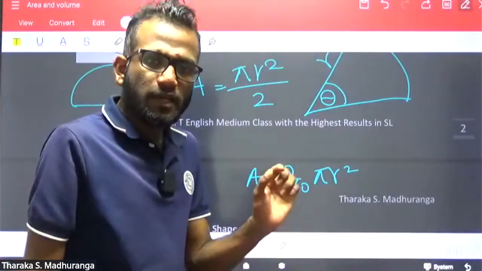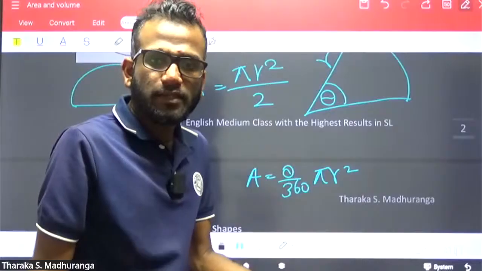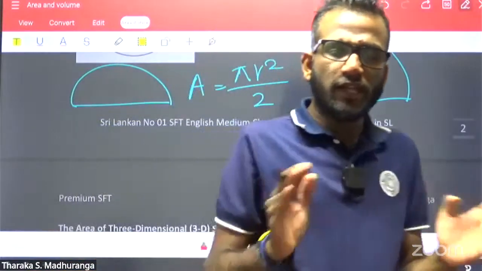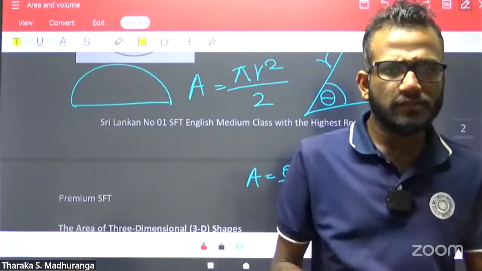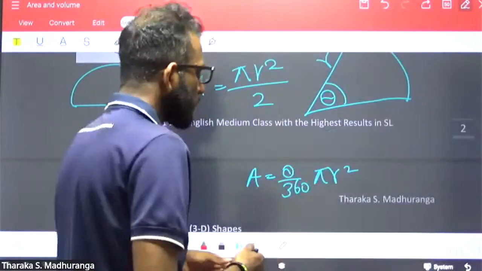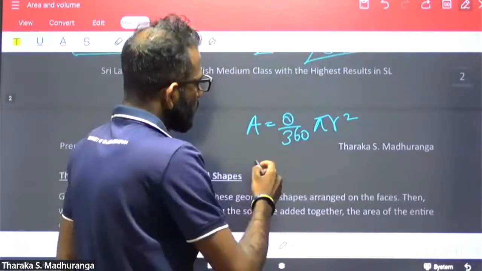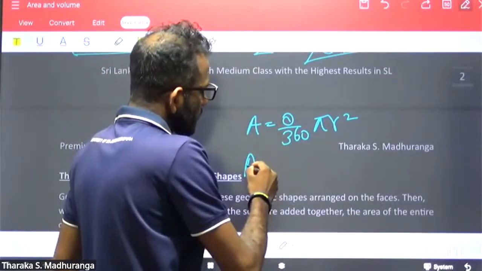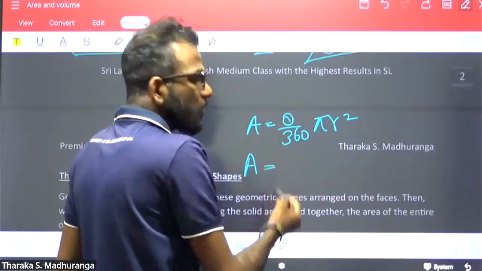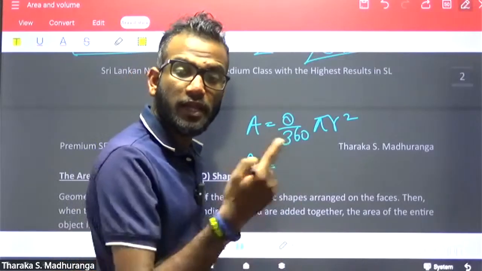We discussed last week the relationship between radians and degrees. What is the area equation using radians?